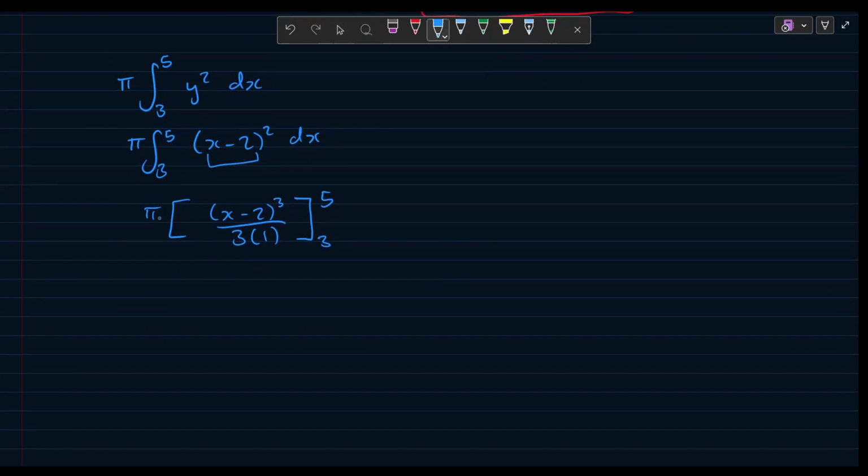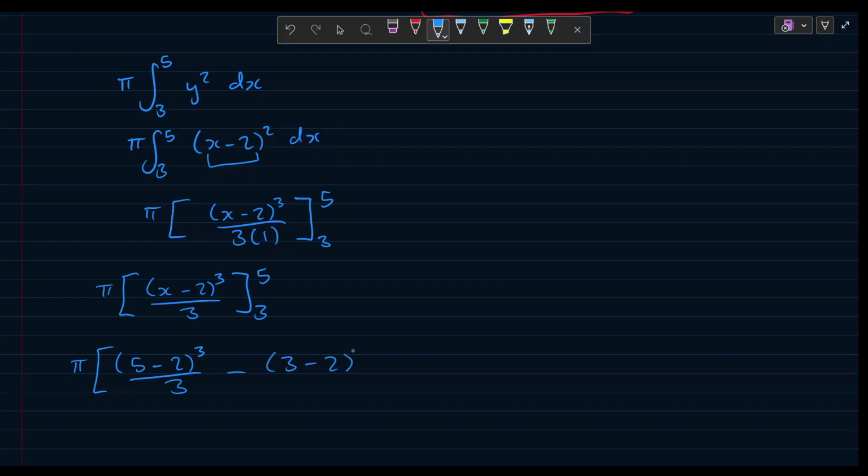Okay, so that becomes pi, that's x minus 2 to the power 3, let's just get rid of that 1, from 3 to 5. And now let's substitute in our limits. We'll start with the upper limit, so that's going to be 5 minus 2 cubed over 3 minus our lower limit, that's 3 minus 2 cubed over 3.